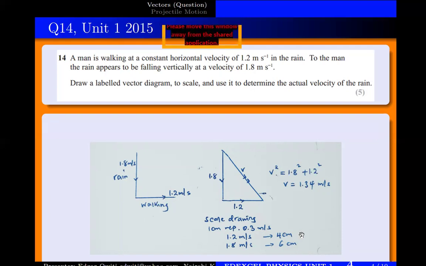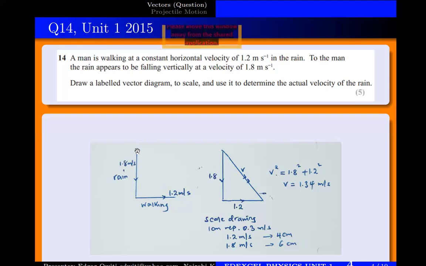Then you're told to draw a labeled vector diagram to scale and use it to determine the actual velocity of the rain. So you have two velocities, that is 1.2 in the horizontal direction here, and you have 1.8 meters per second in the vertical direction here.